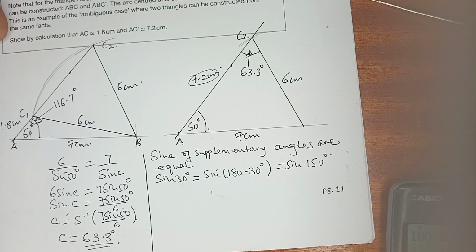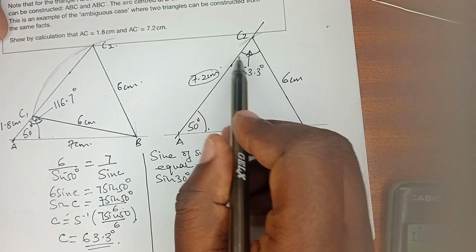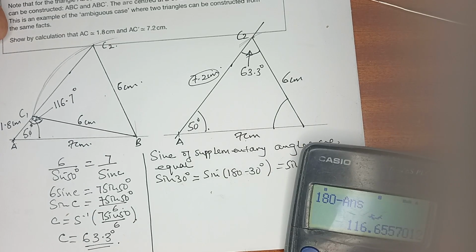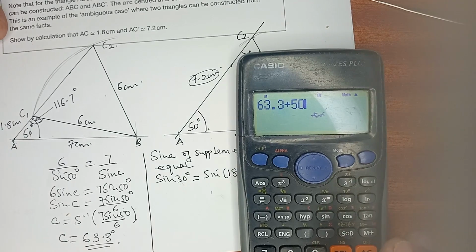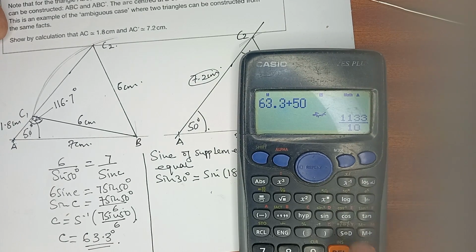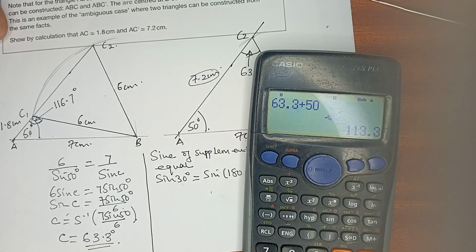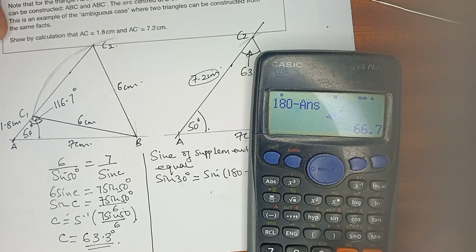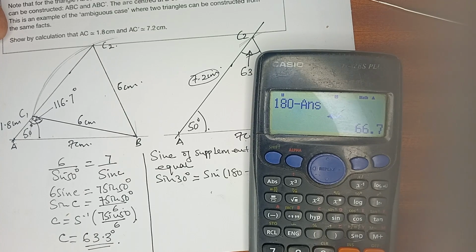Let us now just look at it. If this is 63.3, what is this angle? Let us calculate. 63.3 plus 50 gives us 113.3, then 180 minus the answer, so this angle is 66.7.